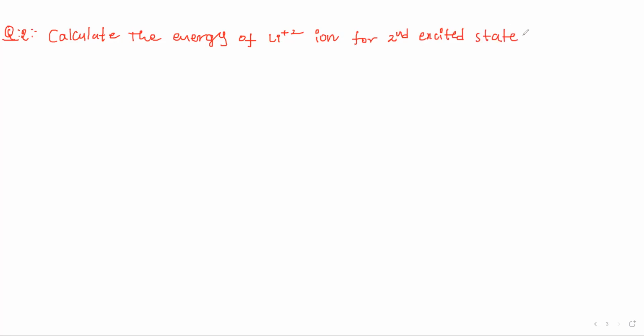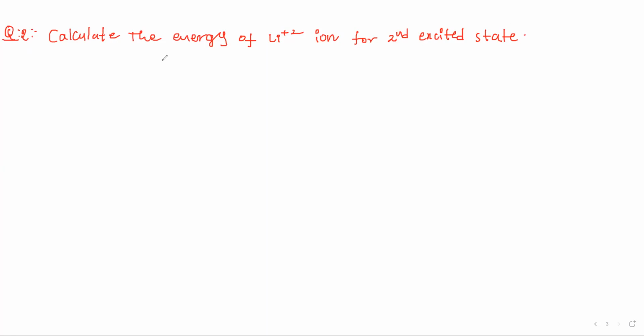Calculate the energy of the lithium plus 2 ion for the second excited state.